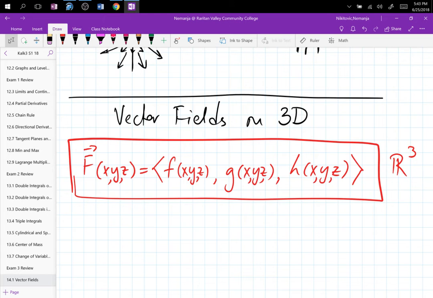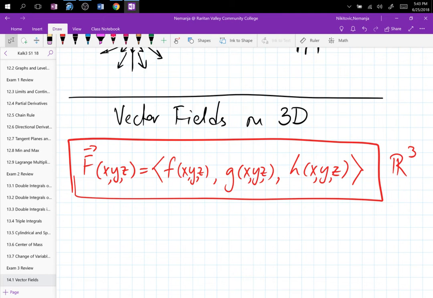Now you have it's still a downward opening parabola, and we can model that way. Then you can take a look at the other two vector fields, and you see that all the way to the right you have the radial vector field, because the center of it serves as a source, and everything else is going away.